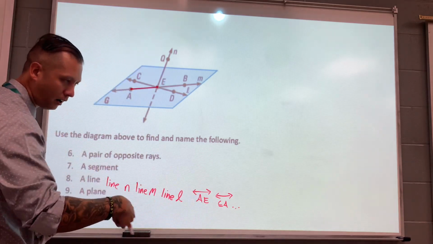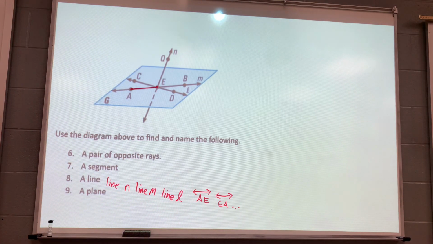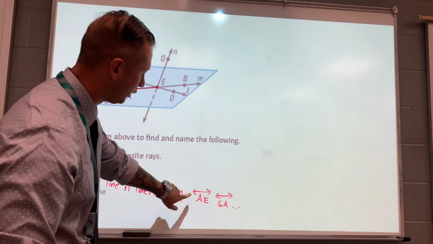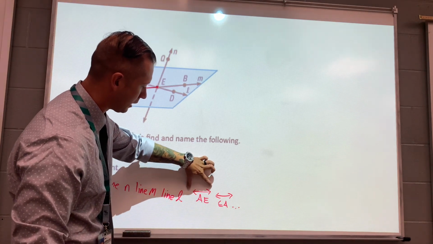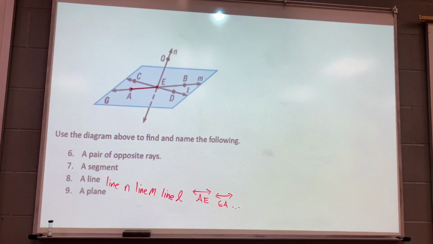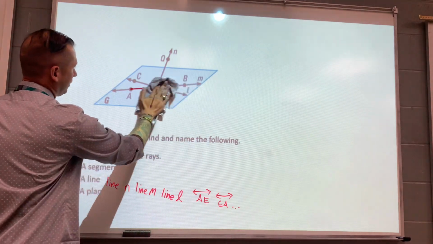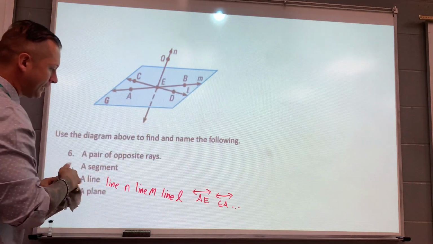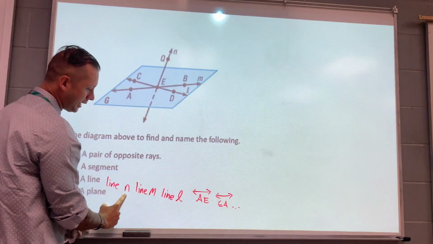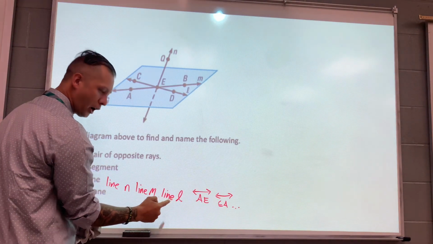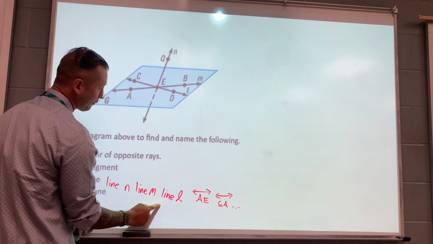All the line segments that we just listed in number 7, you could use any of those, but you have to use the line symbol with the arrows on both sides. I'm not going to label them all. The big thing here is if you're going to use line N, M, or L, you have to write the word line.